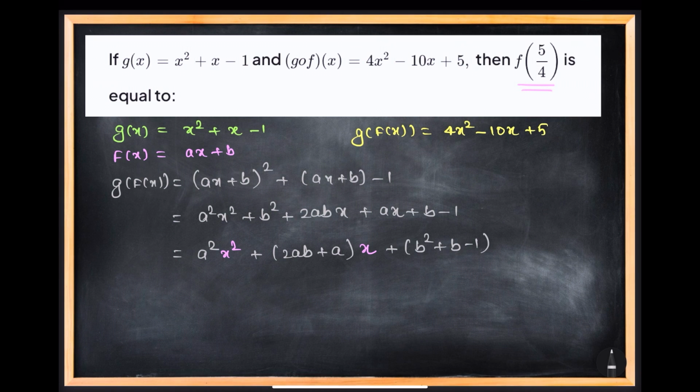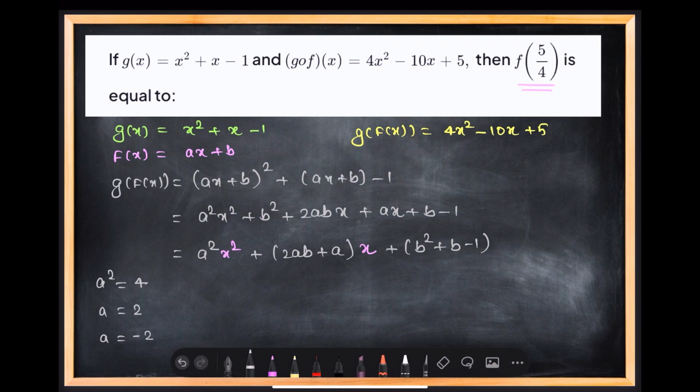Now you have to find out who is a and b. According to us the coefficient of x square is a square, but according to them it is 4. So a can be 2, a can be minus 2. Correct? Now let's proceed.